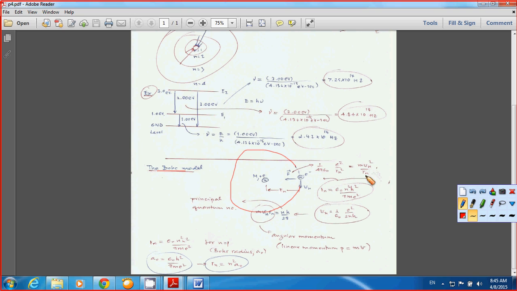This is classical physics, or classical mechanics. You rearrange the terms, and you can get Rn equal to epsilon 0 n square h square over pi m e square, and Vn is 1 over epsilon, e square over 2nh. You get Rn directly from this equation. This one is the electric force, or Coulomb force, but this one is the centripetal force.